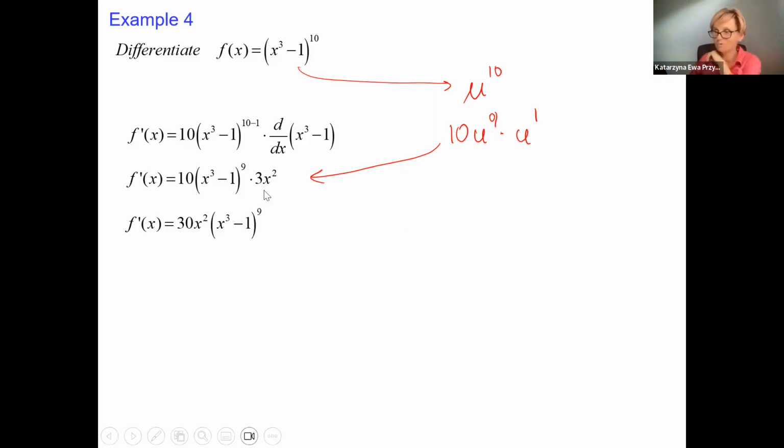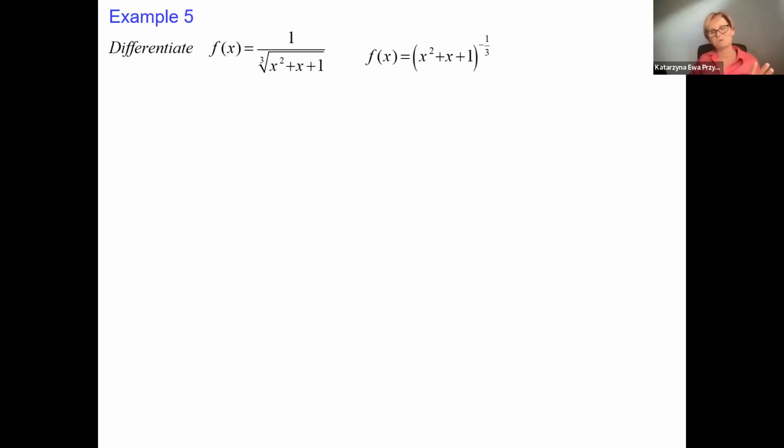And I can maybe multiply these two, but it's fine. I hope that's clear, and I have plenty of examples in this presentation you can go through. Let's maybe solve a couple more, and then you can practice and practice. I have this one, but I can leave it for you.